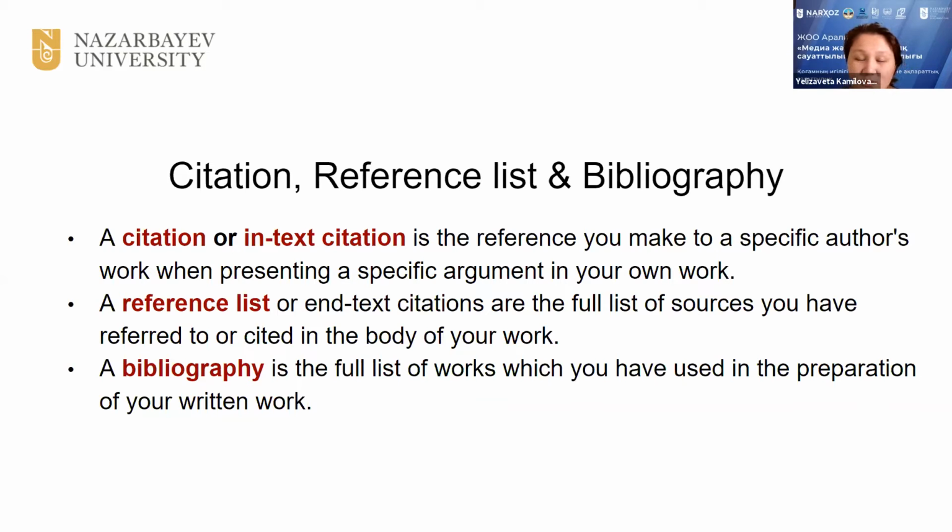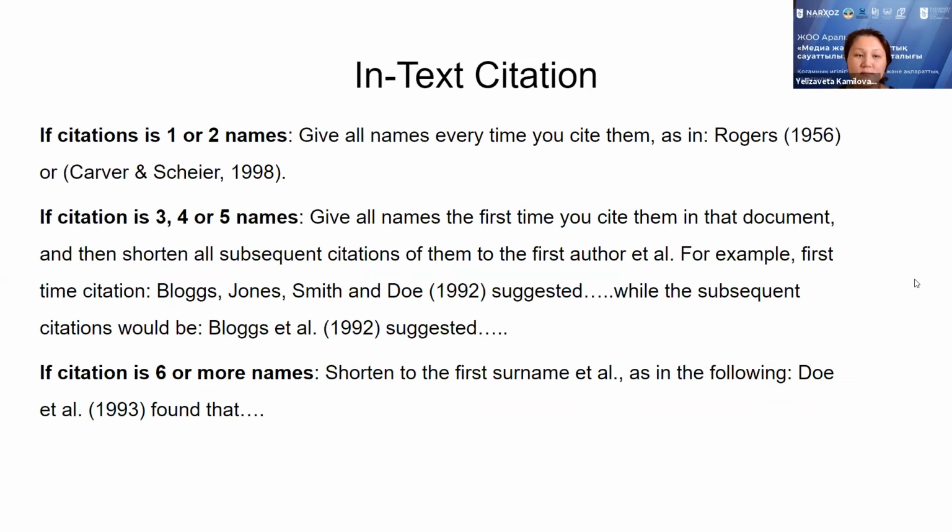You read it, but you didn't actually use it. You didn't take an idea from there, but you read it. So this is a bibliography. I hope you understand this a little, and further we will discuss each of them in detail. So, in-text citation.